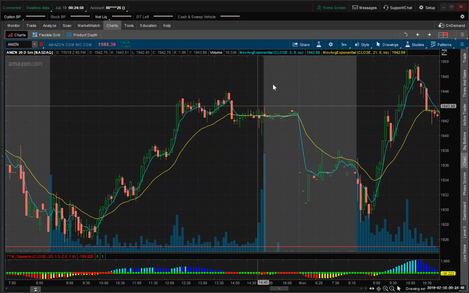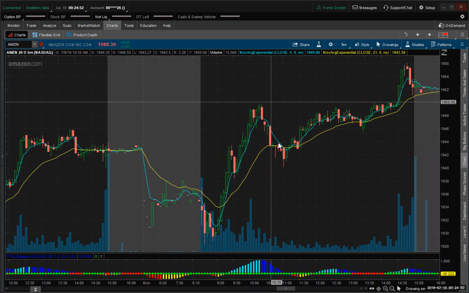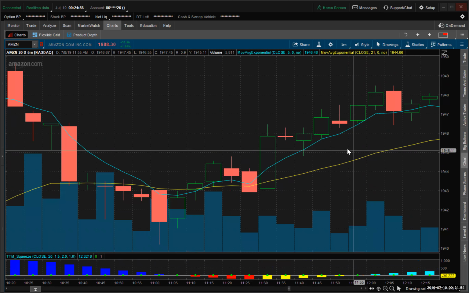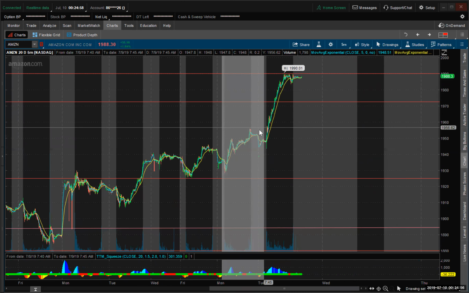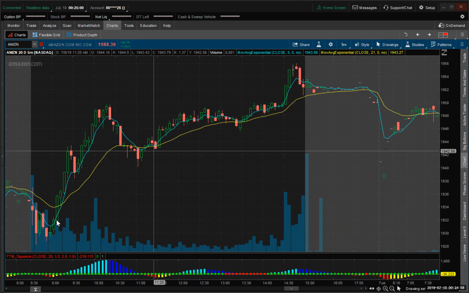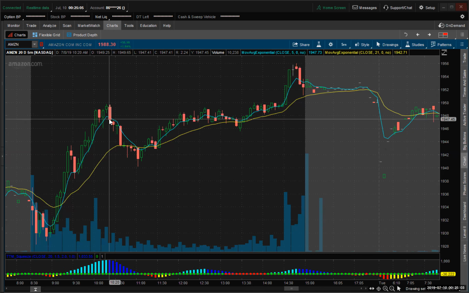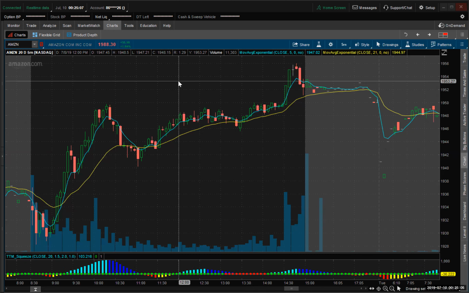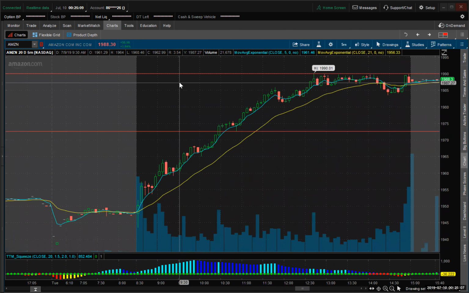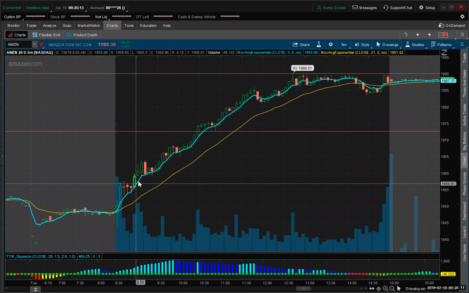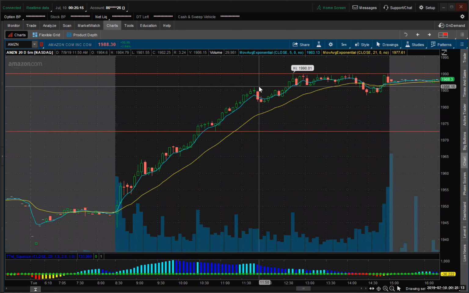Your eyes kind of just get used to it. It kind of pops. For this, there was actually a pretty good mix of red and green through here. Oops. Not what I meant to do. A lot of red and green all through here, but the morning and then after this, we just ran with some green candles. We actually had conviction in the direction we're going. And then you got today, where you had very few bearish candles and just a whole lot of buying, pushing this thing up.